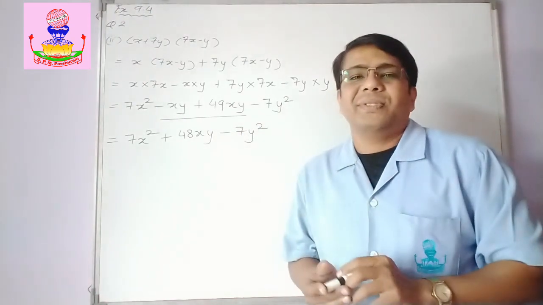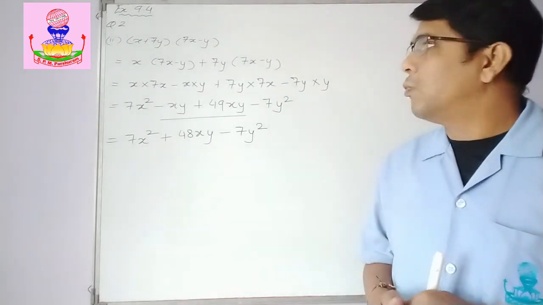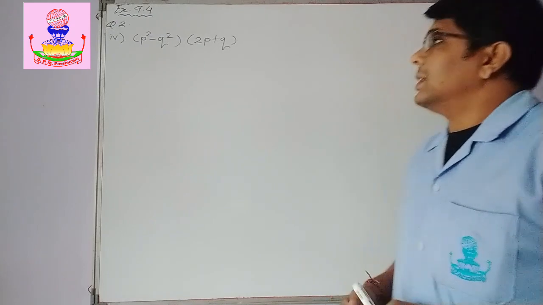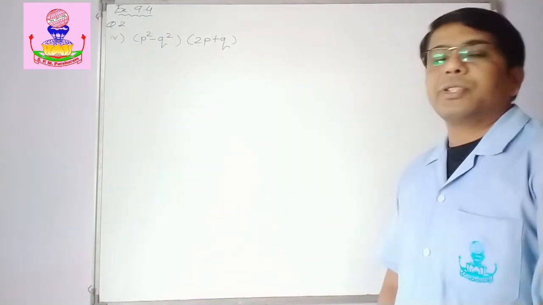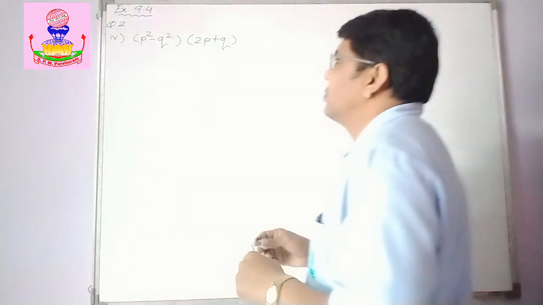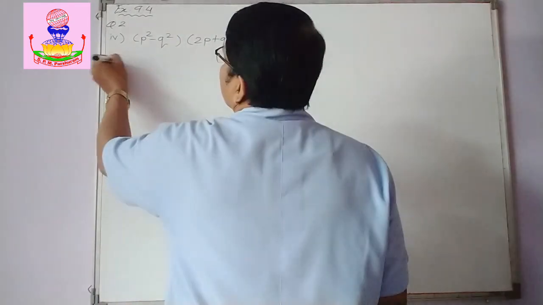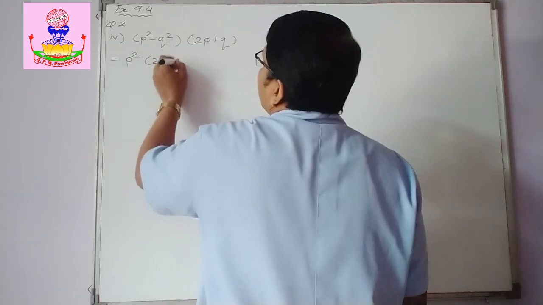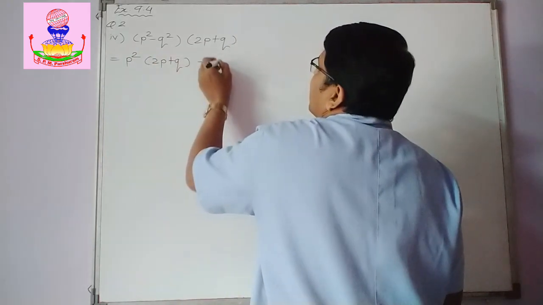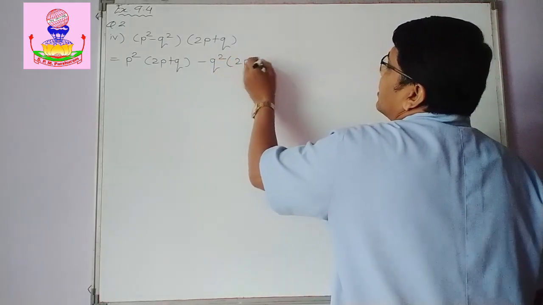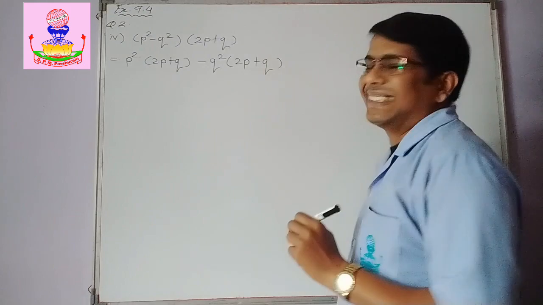Okay. Now next example, fourth example. So fourth example, p square minus q square into 2p plus q. Okay. So p square in bracket 2p plus q minus q square in bracket 2p plus q.